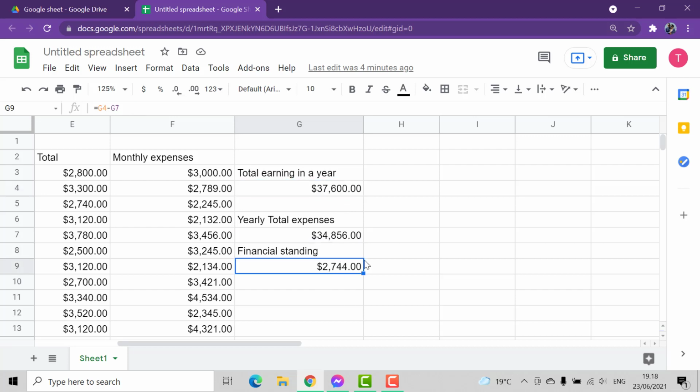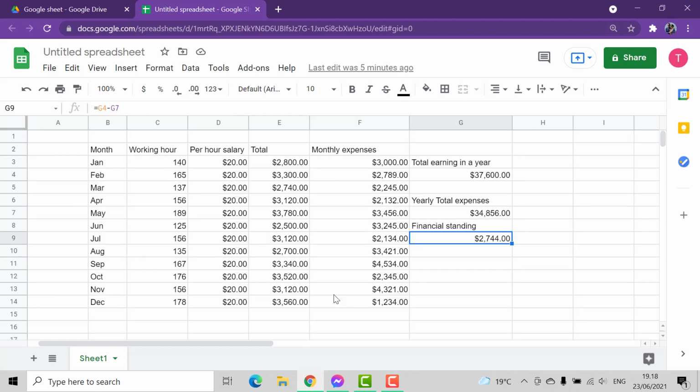So look at this function. G4 is your total earning, and G7 is your total expenses. So financial standing is G4 minus G7, 2,744. So this is the amount that you will have in your account at the end of the year.